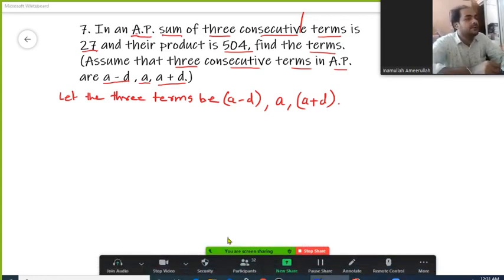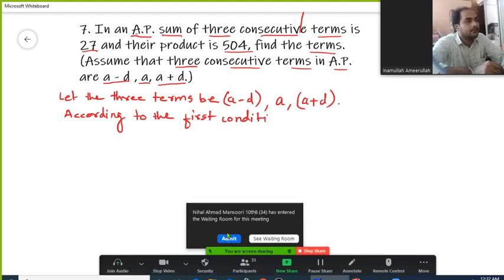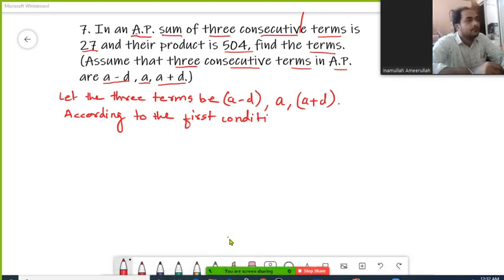According to the first condition, now the first condition says the sum of three numbers, the sum of three consecutive terms, is 27.